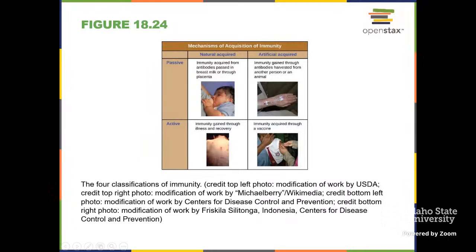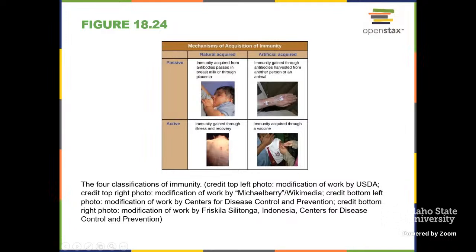And in turn, you don't get the same cold because you've got immunity against that. It's always something different, but symptoms pretty much the same, right? So that's naturally acquired active immunity.